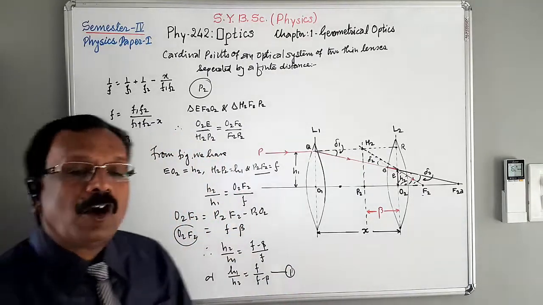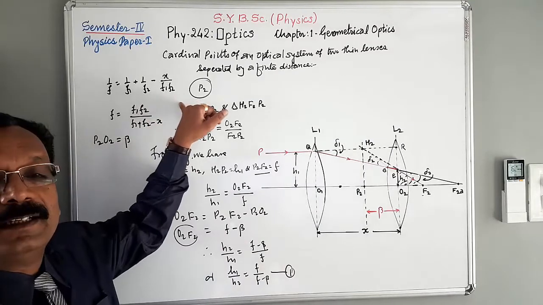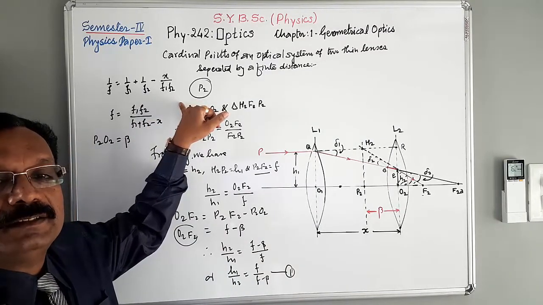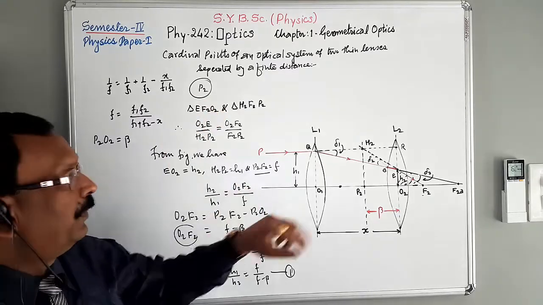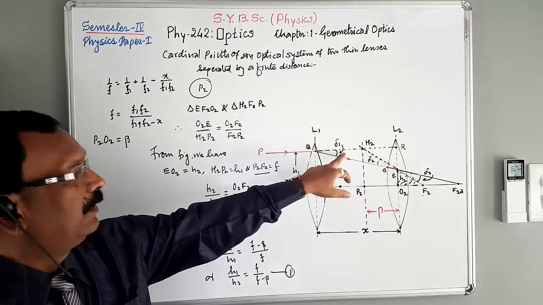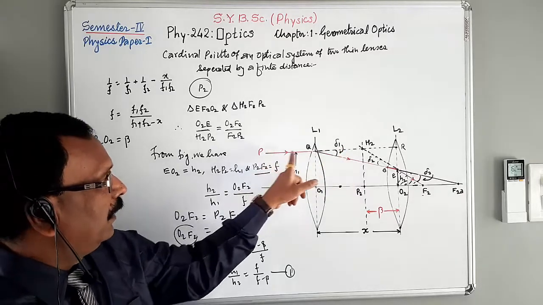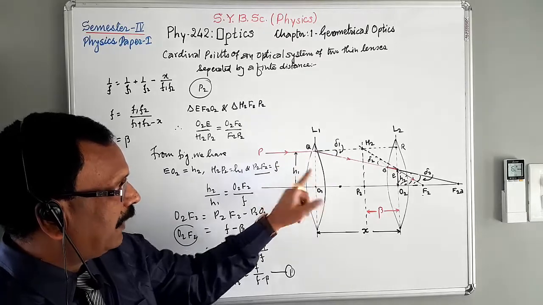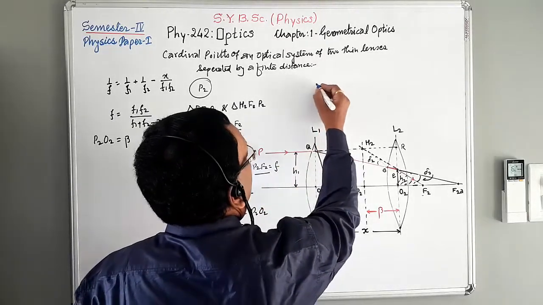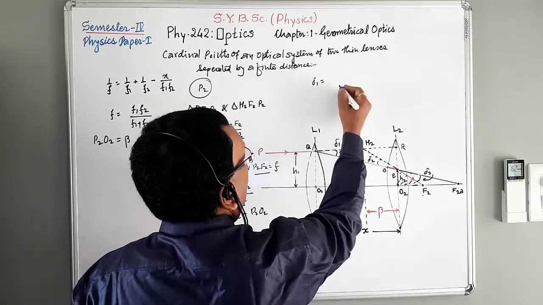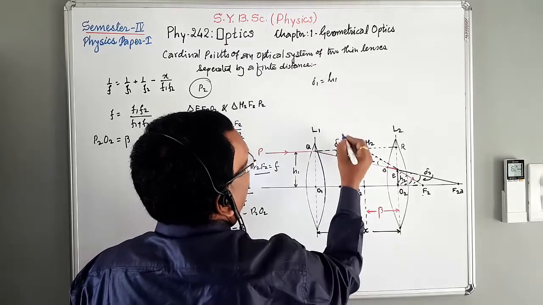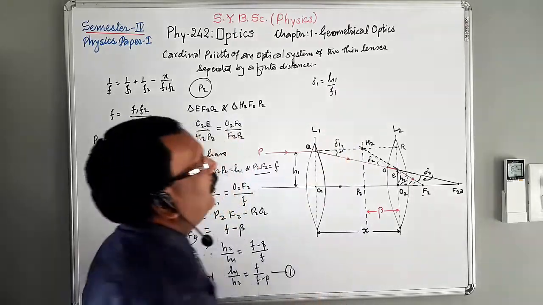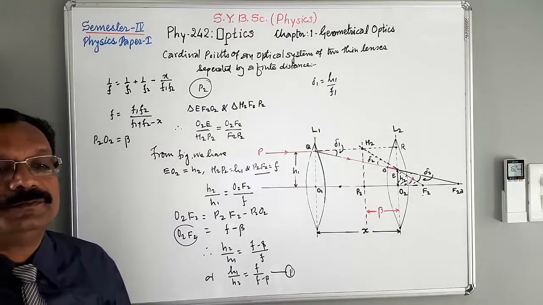When we obtain this expression, at that time we can find the value of delta 1, that is the deviation produced by the lens L1 for the ray PQ. Delta 1 is equal to H1 upon the focal length of this lens.